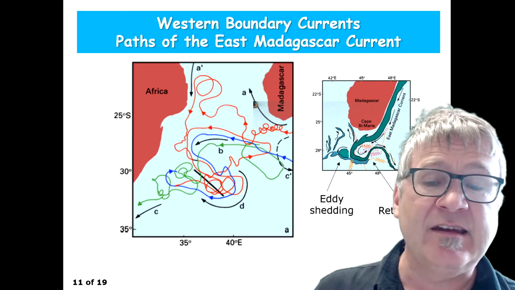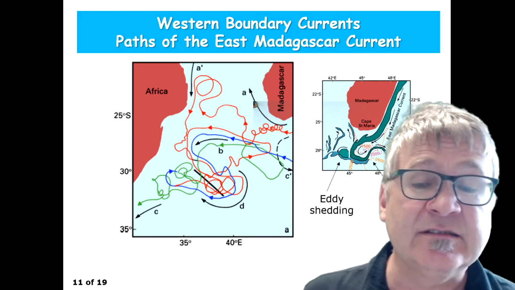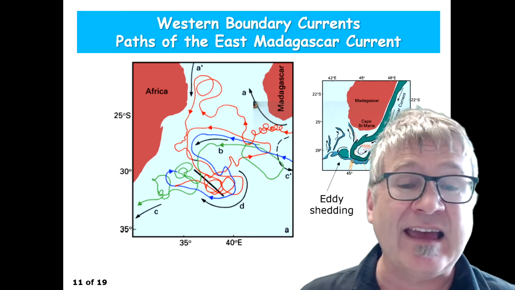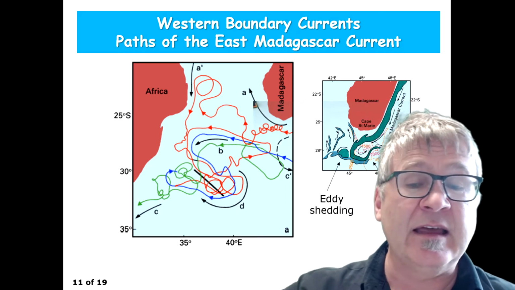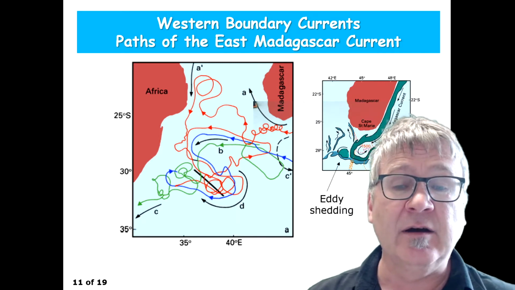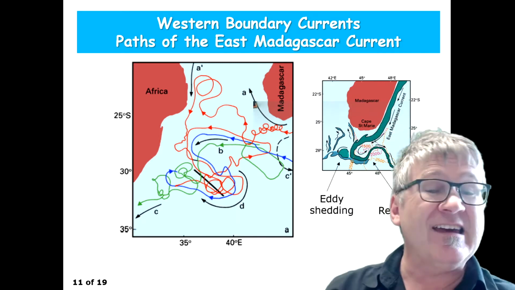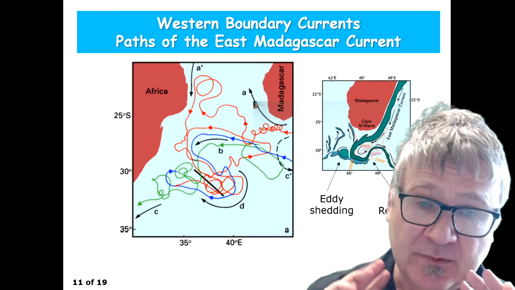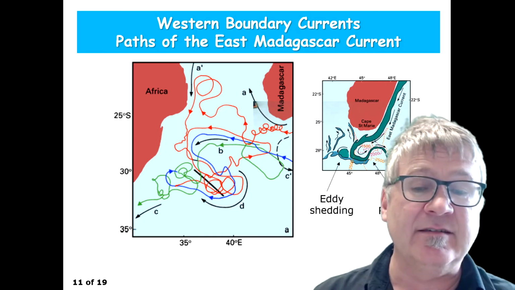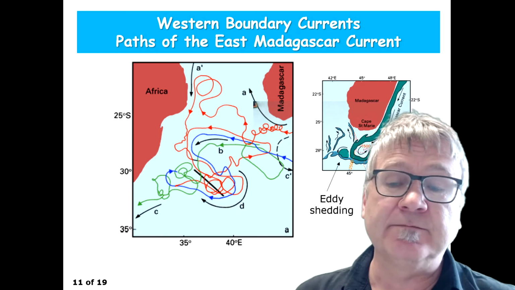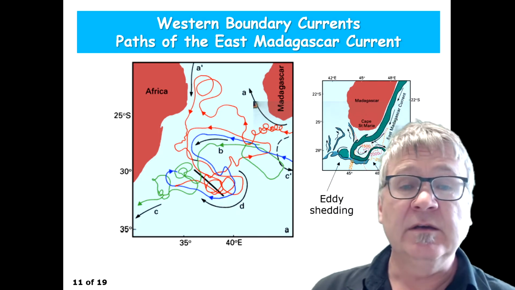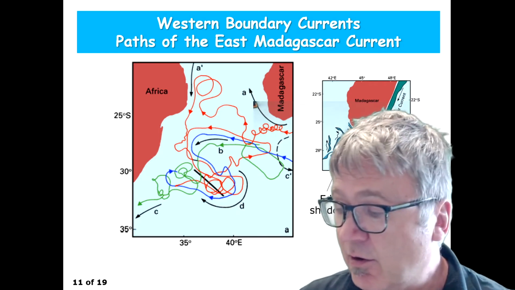It's anti-clockwise there, but you can also see the features of eddies. So there are some eddy features, and as you move through this area of fairly dynamic mesoscale eddies, you actually come to the Agulhas region. So this is the East Madagascar current.